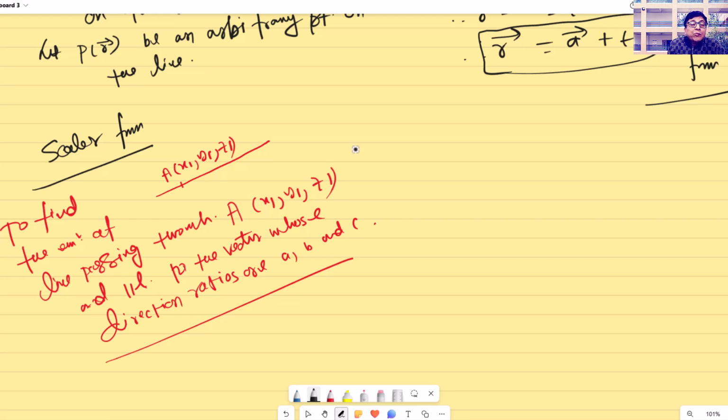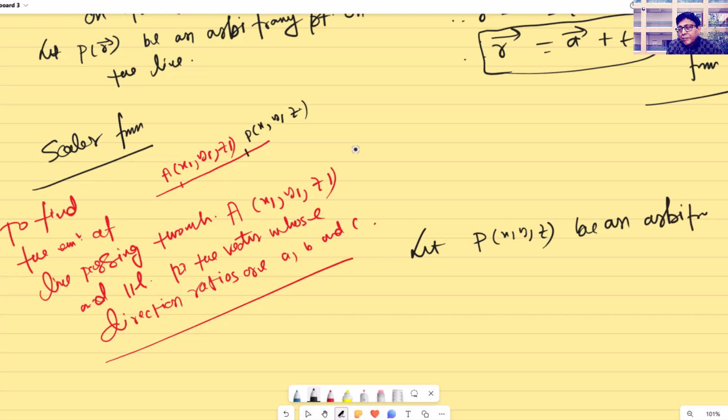So to get the equation, you take an arbitrary point on it which is x, y, z. Okay, this is not x1, it is x, y and z. Arbitrary point on the line. So let P, x, y, z be an arbitrary point on the line.